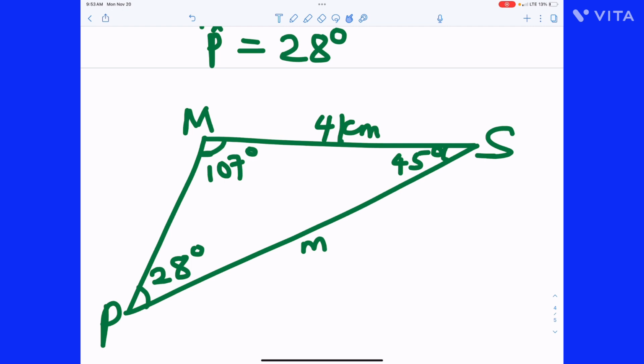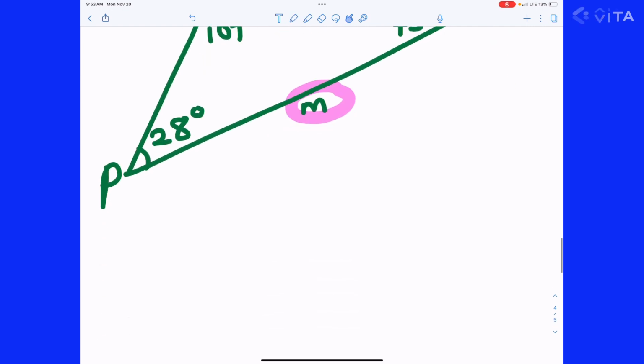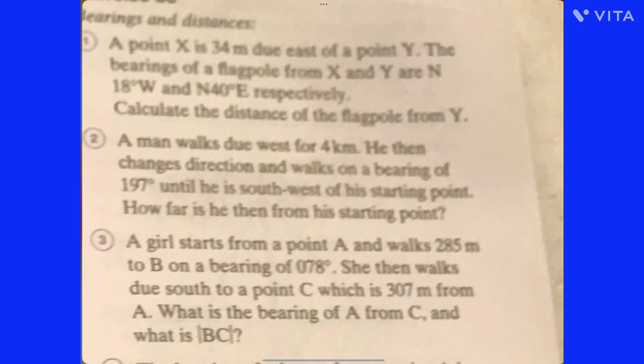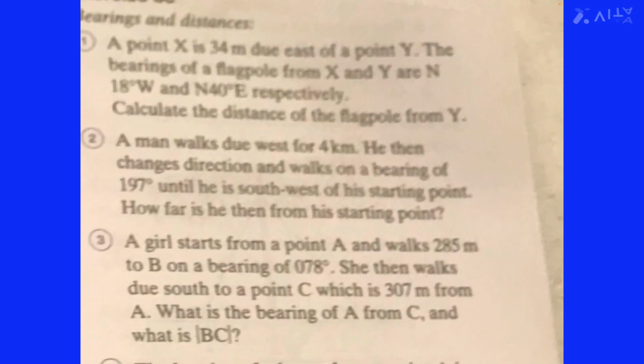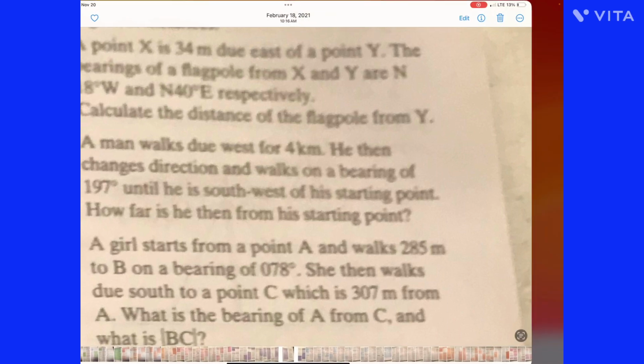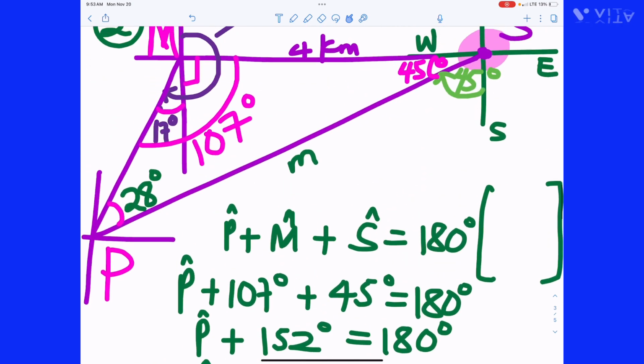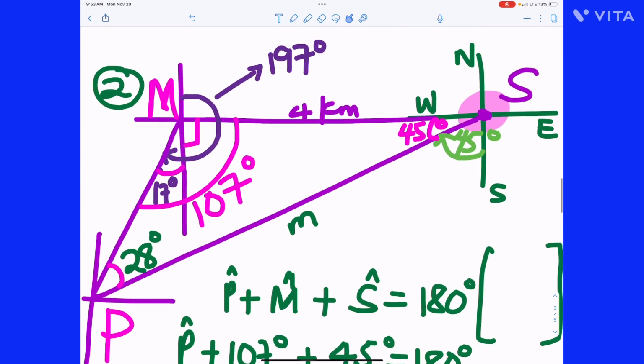But this is exactly what I'm looking for: the distance of the man from the starting point. Let me quickly explain briefly again. It says a man walks 4 kilometers due west.